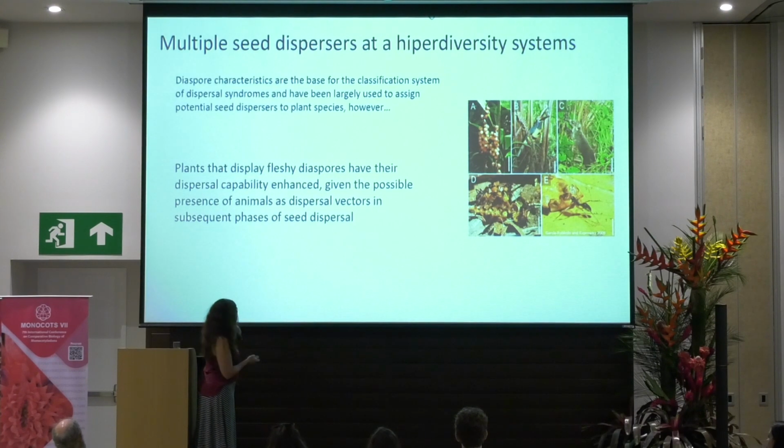So we used to say seed dispersal syndromes, but nowadays we know that most of those species bearing a reward, a nutrition reward, are actually dispersed by different types of animals.